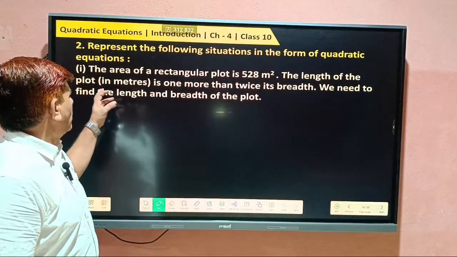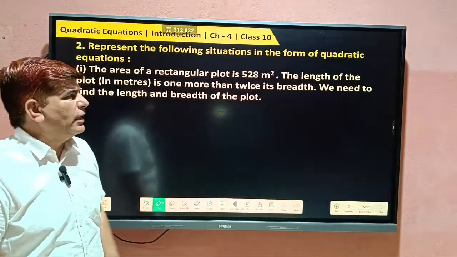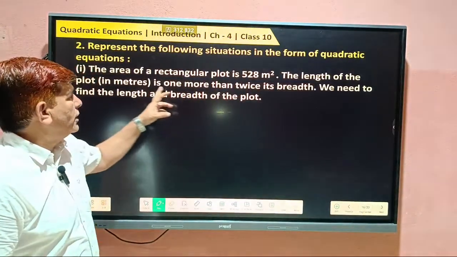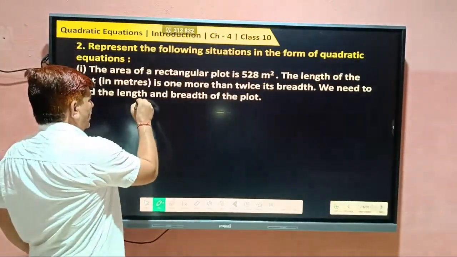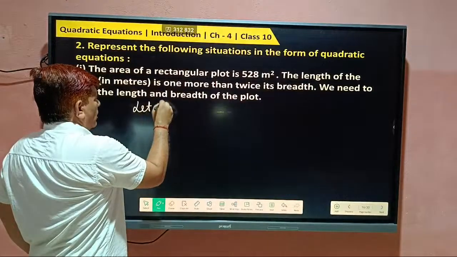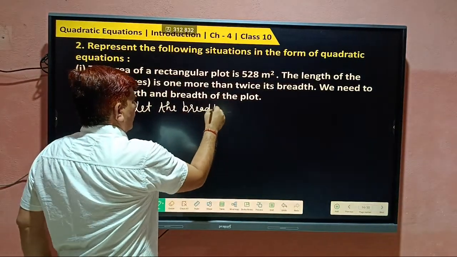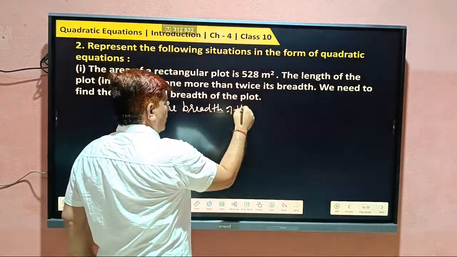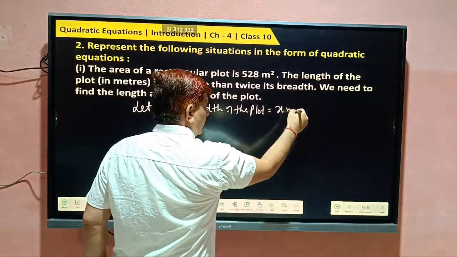The length of the plot is one more than twice its breadth. So from here we can say the length of the plot is one more than twice its breadth. So what can we say? Let the breadth of the plot be x meters.